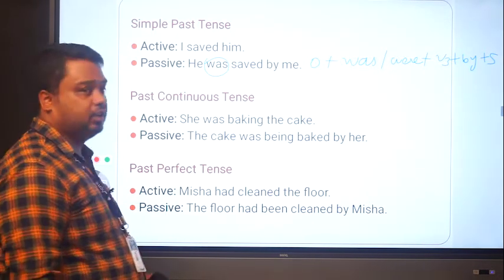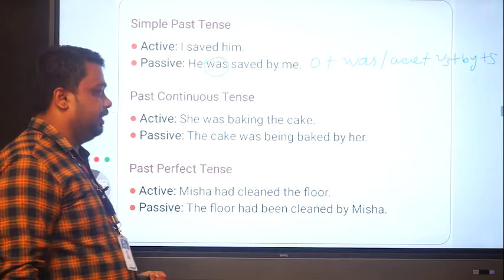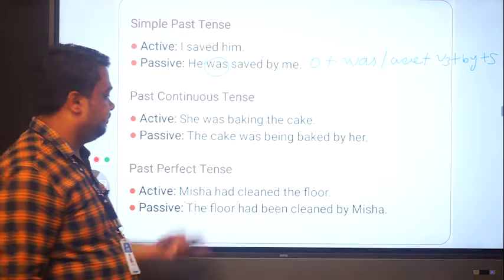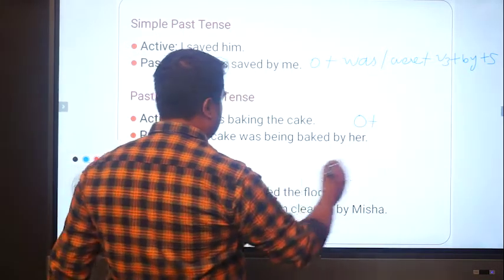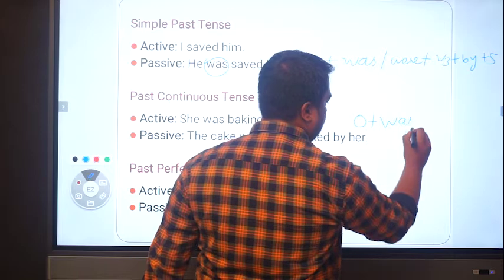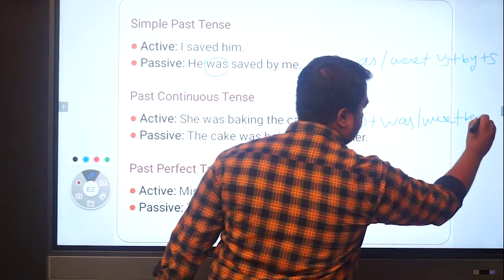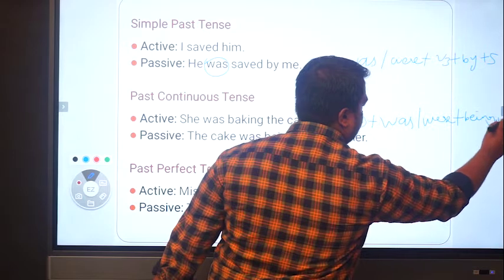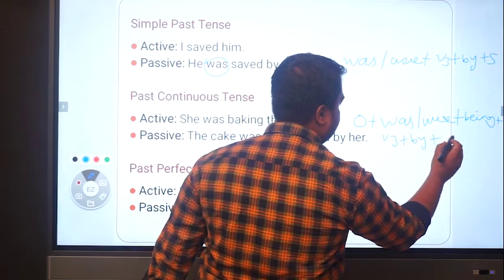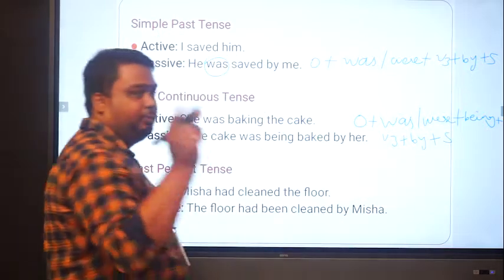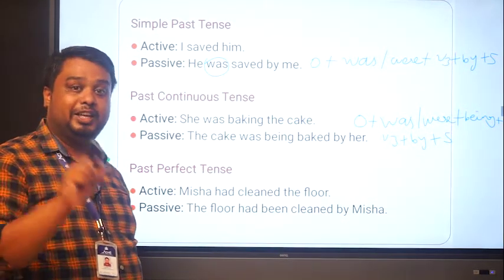She was baking the cake, and when we convert, the cake was being baked by her. So here it is object plus was or were plus being plus V3 plus by plus subject. So in present continuous we saw like, I am eating an apple, an apple is being eaten by me.